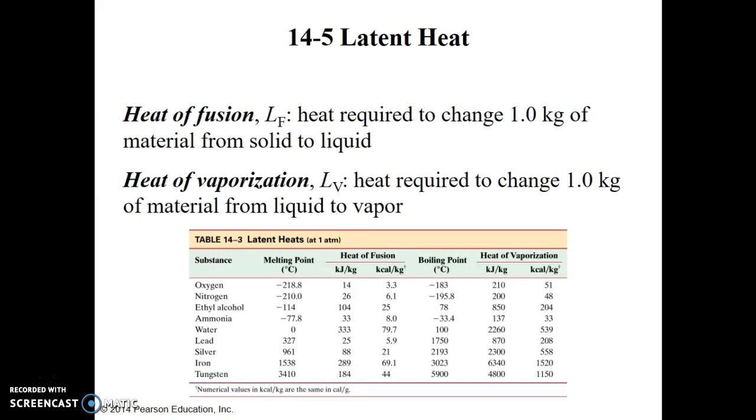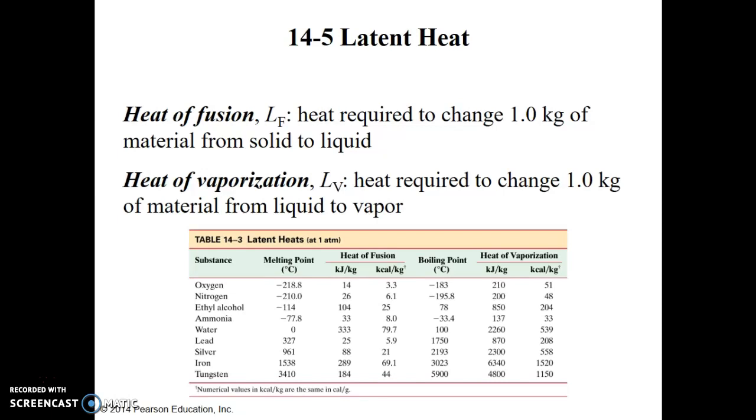Now, we have two subcategories of latent heat: the heat of fusion and the heat of vaporization. The heat of fusion deals with the heat required to change 1 kilogram of some material from a solid to a liquid. If you're going liquid to solid, it's the exact same number, but negative.